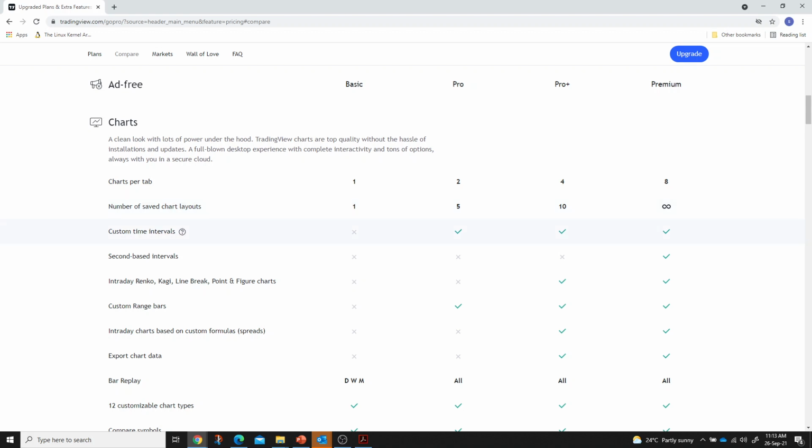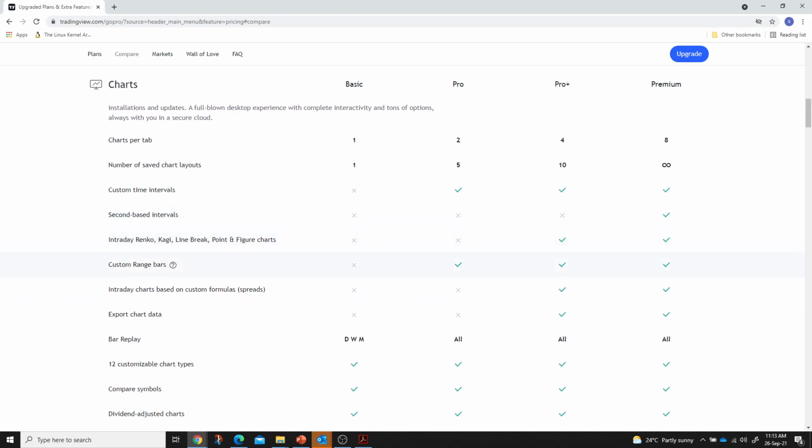Custom time interval is not allowed. Usually for higher time frames, daily, weekly, there is no custom. But for intraday, it is useful. So if you're an intraday player, you can choose Pro or Pro Plus or Premium. Then intraday, these types of charts, range chart, Renko, Kagi, these are not supported because it is very CPU intensive.